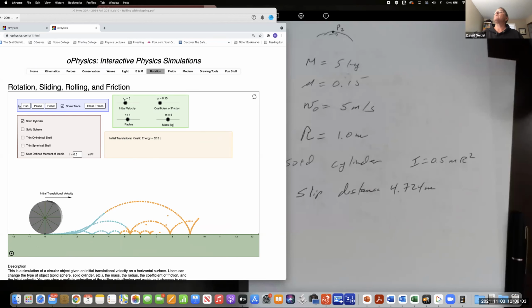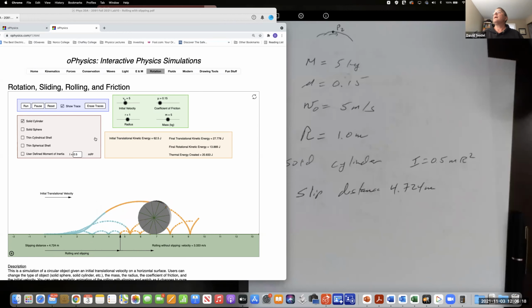Let's reset this and run it again, and I'm going to pause it right about there. See this? This is the point of the center of mass. We're almost at the point of no slip distance. Okay, that's the point of the center of mass.